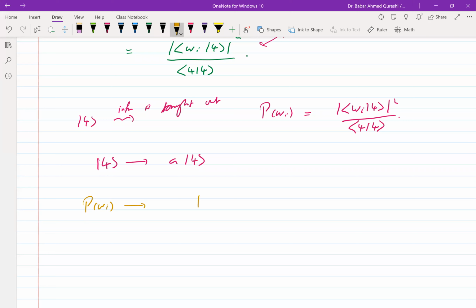It goes to a star a psi mod square over psi.